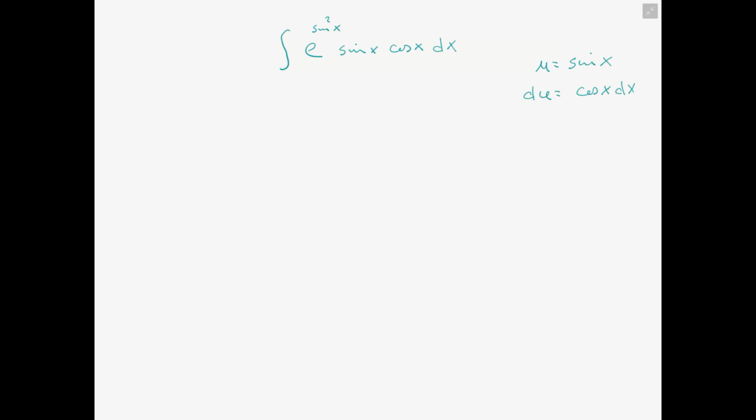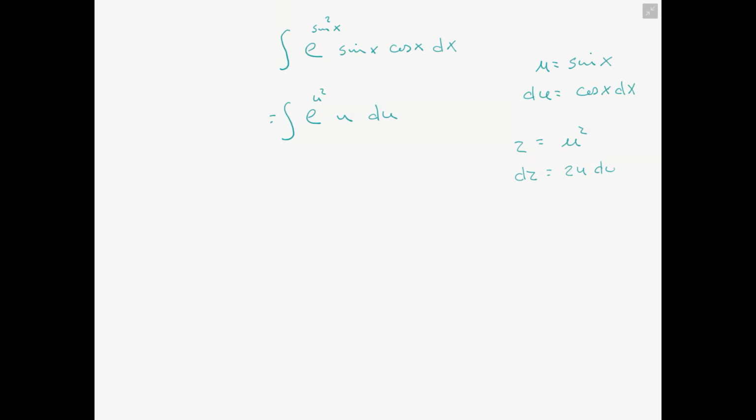U equals sine x, and du equals cosine x dx. And so this makes this e to the u squared, u du.